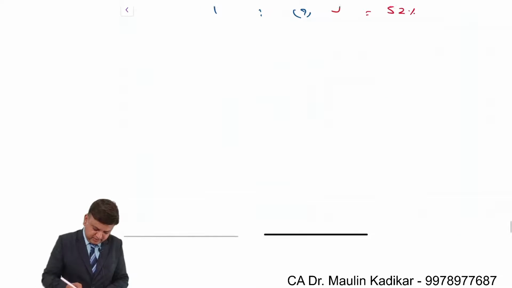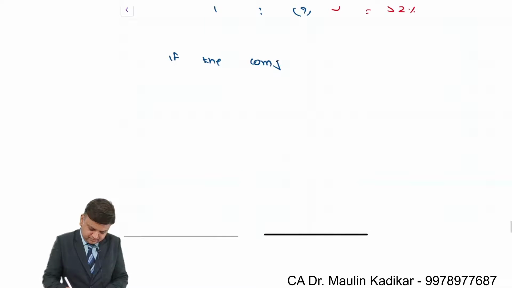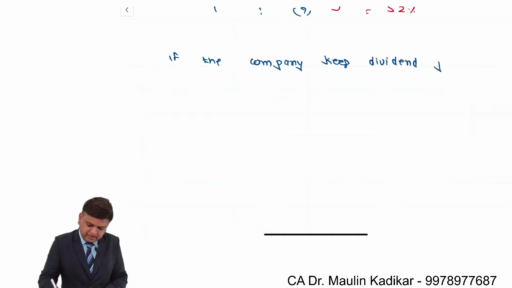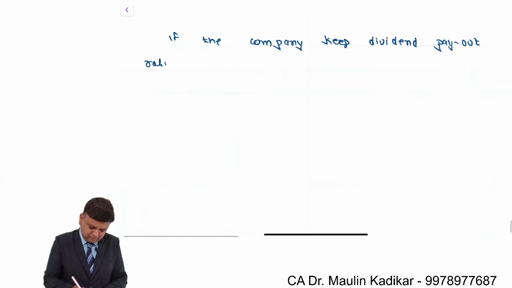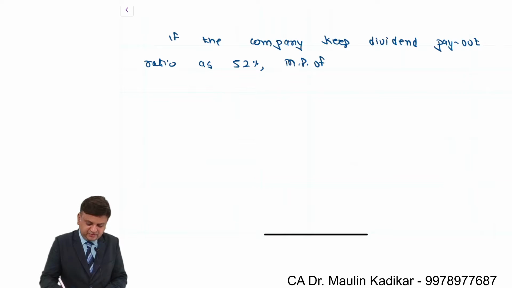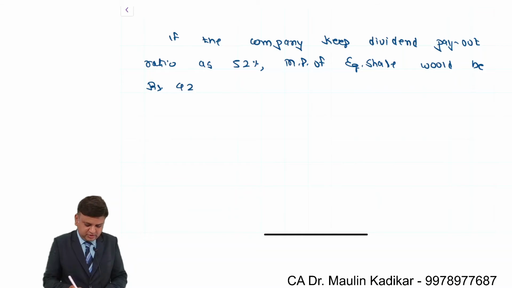Write the answer: if the company keeps dividend payout ratio as 52%, market price of equity share would be rupees 42.